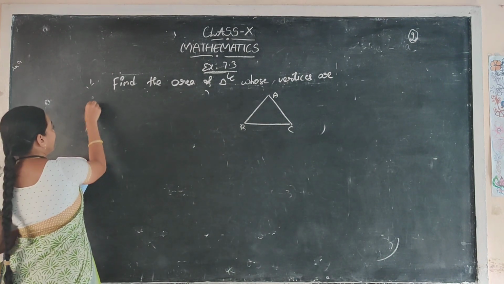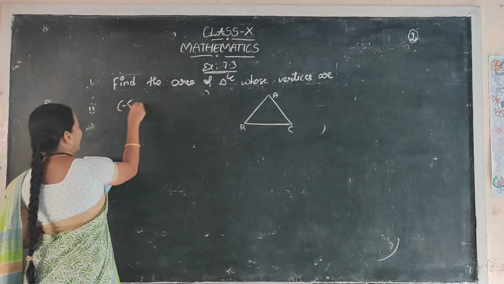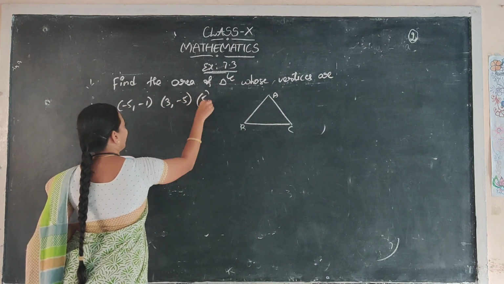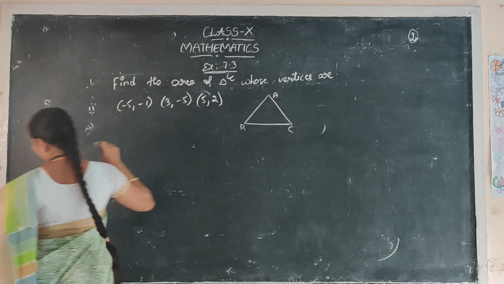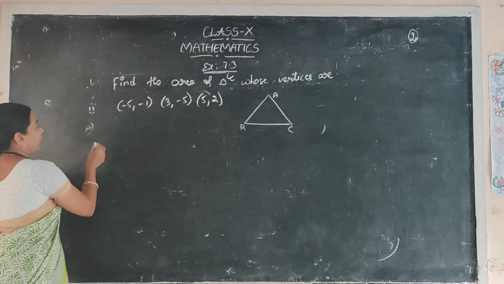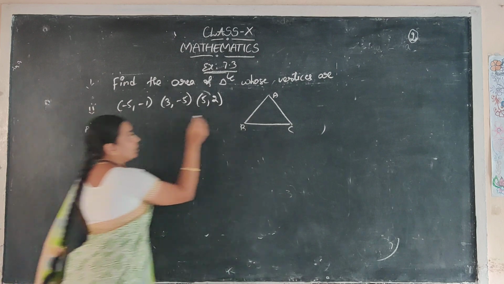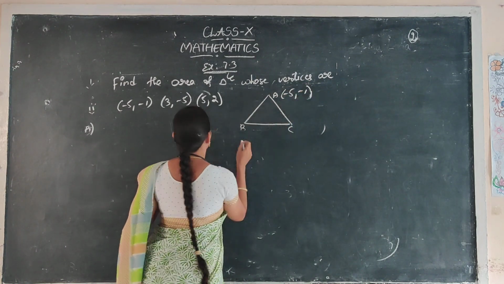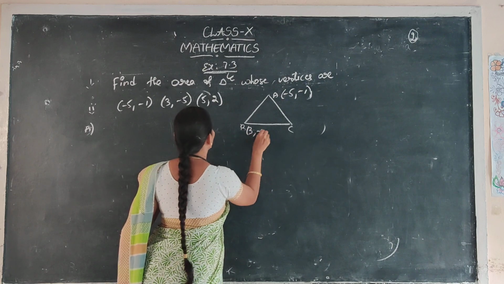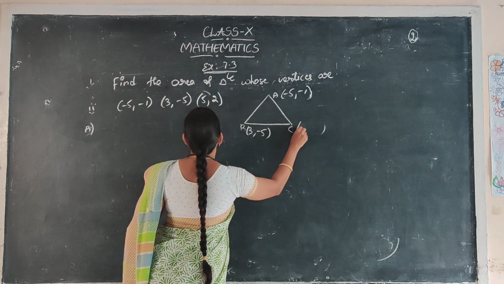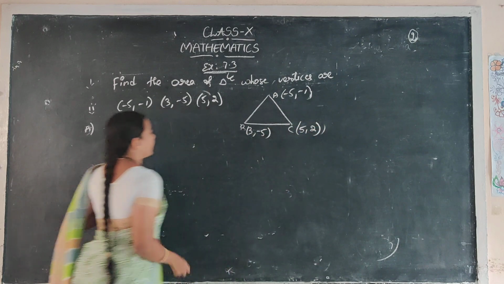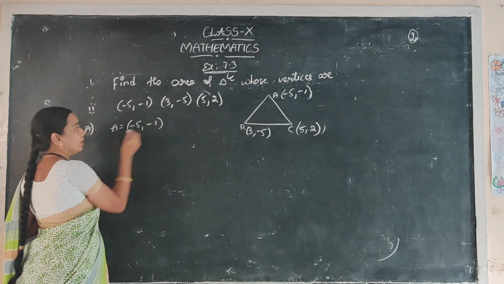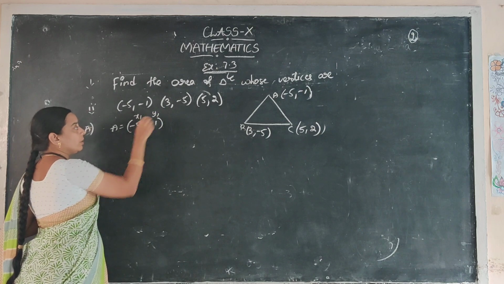Now the second one: (-5, -1), (3, -5), (5, 2). Again, the first one is the coordinates of A, the second one is the coordinates of B, the third one is the coordinates of C. A is (-5, -1), so this is x1, y1.